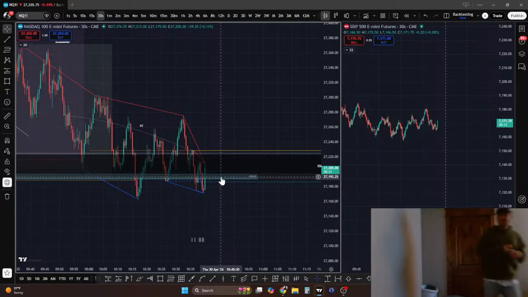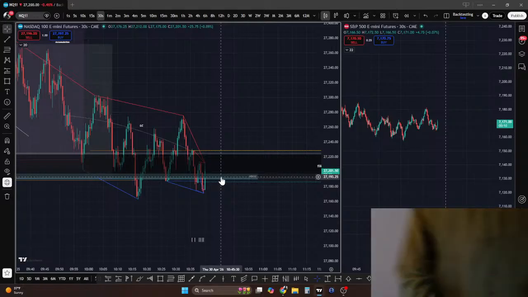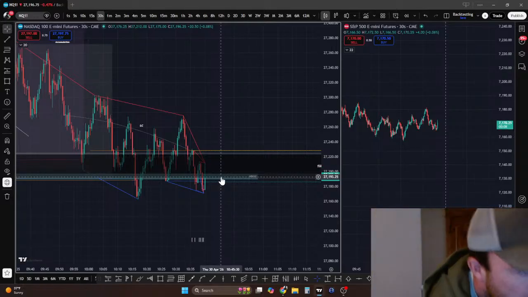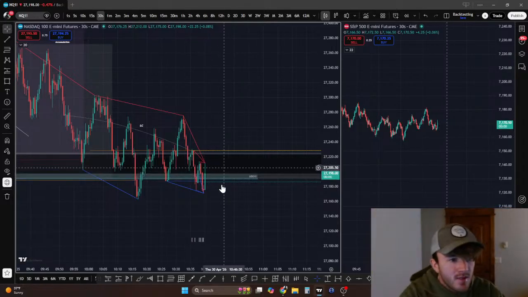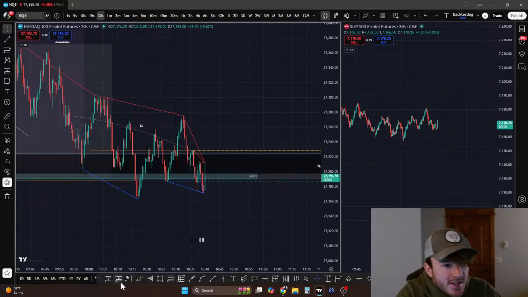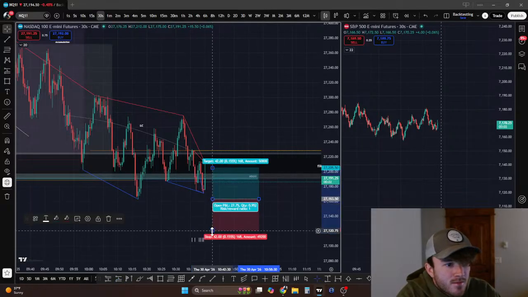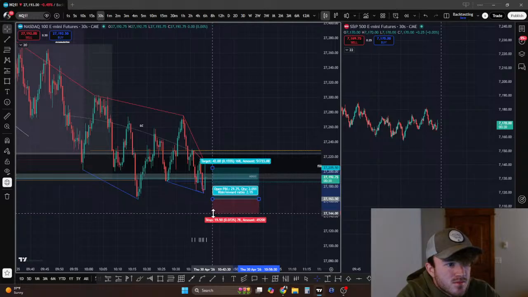Like I said, we're going to get longs here soon. Yeah, I'll Dark Phoenix this low. Or at least try to on the sim account.